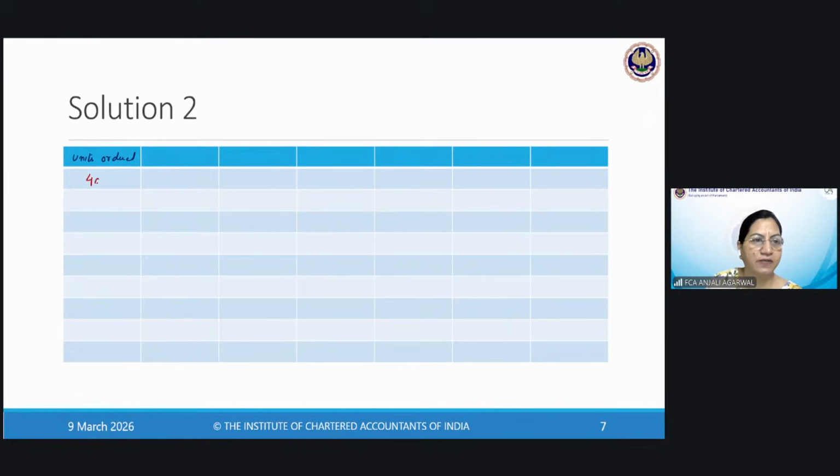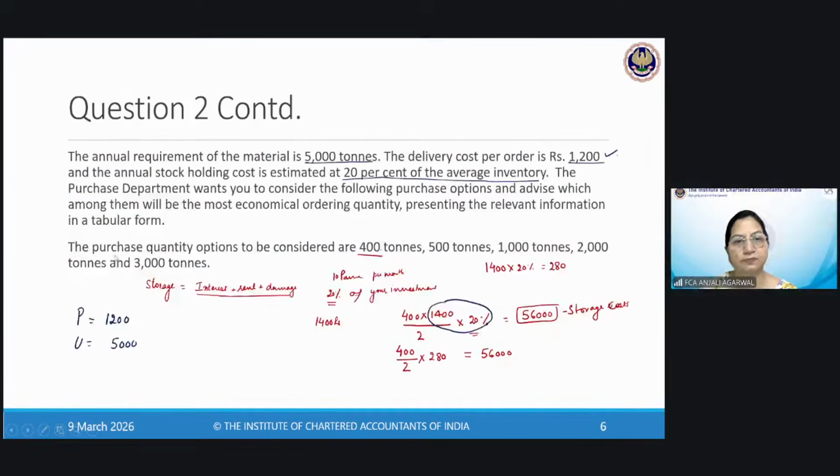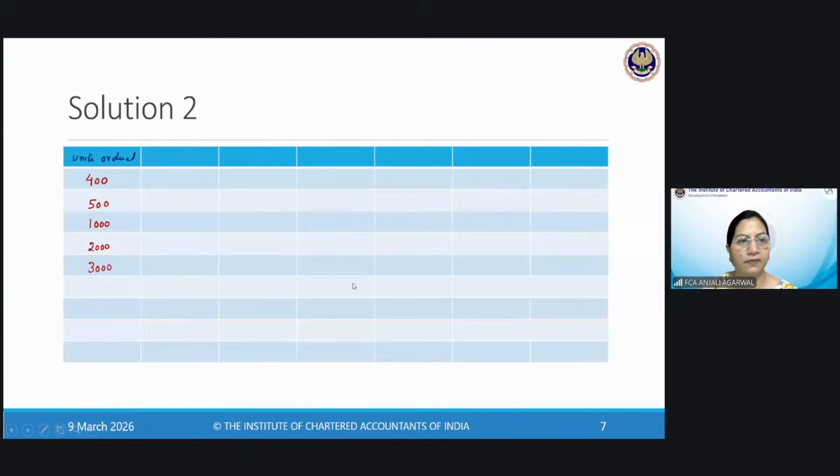It's specifically mentioned, take 400, 500, 1000, 2000, and 3000. So number of orders is usage divided by quantity ordered.